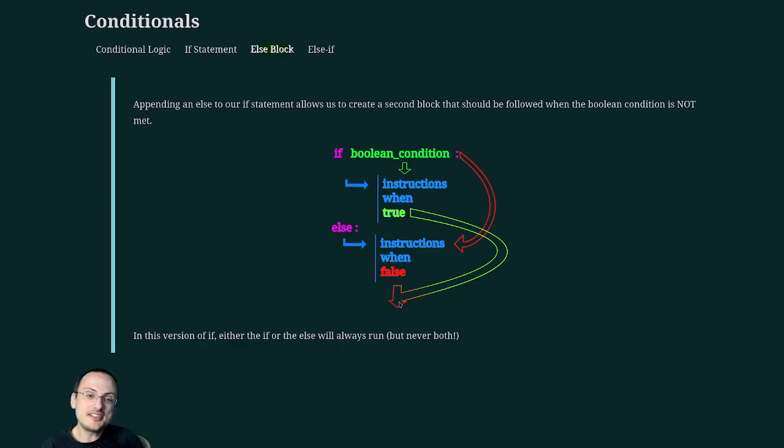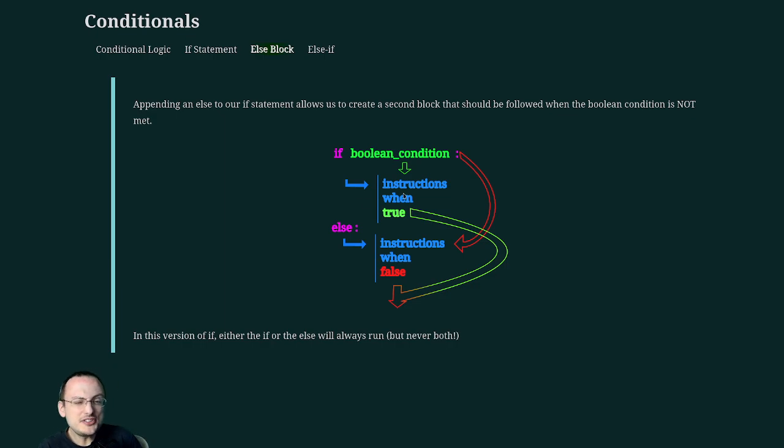So what our else statement lets us do is create a second set of instructions, create the second path when our condition is not met. This would actually be almost the same as us putting if and then a not, and then in parentheses everything from our original Boolean condition.